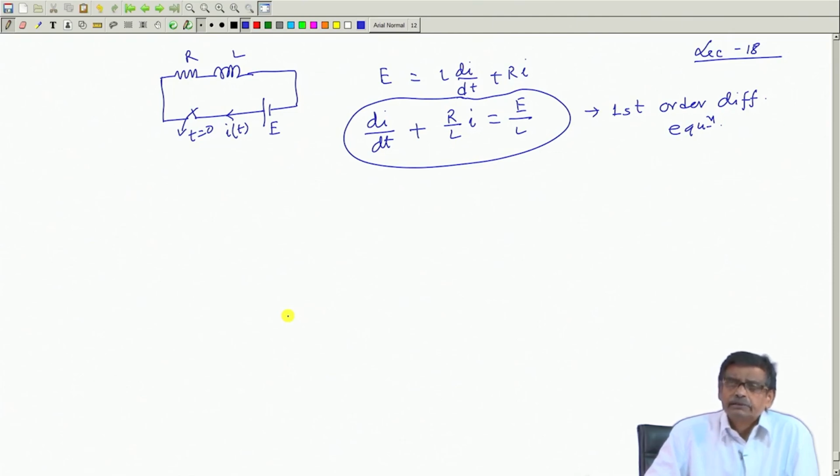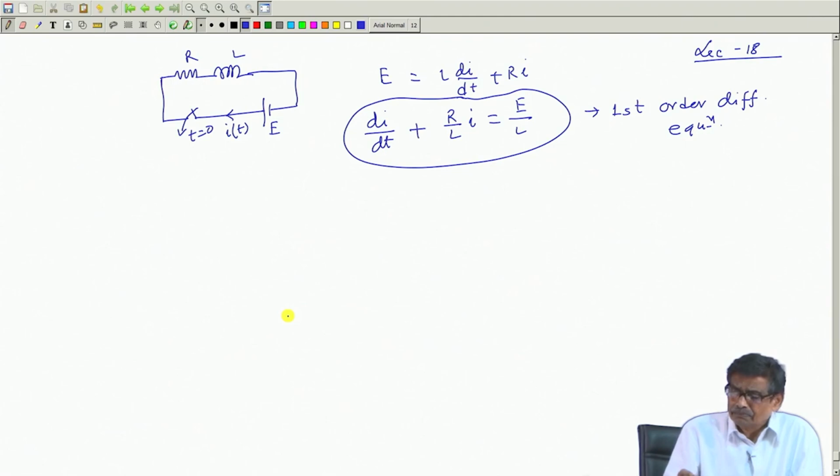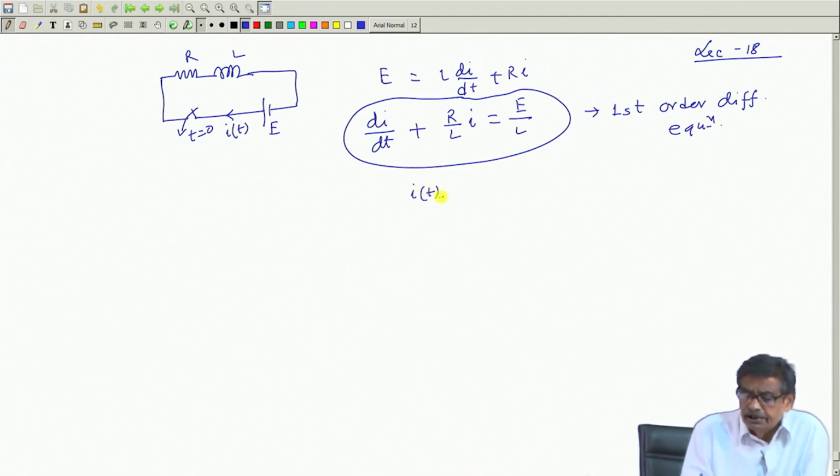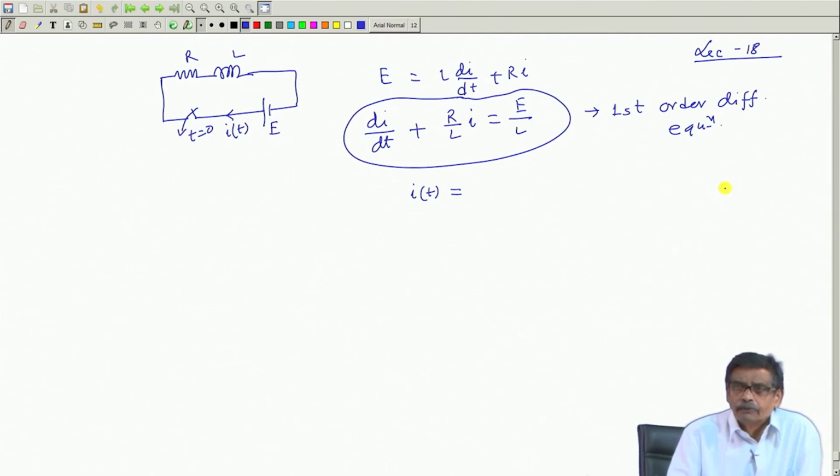The question is, can I avoid those steps of multiplying with the integrating factor and then get the solution? Is it possible to find out the solution i(t) just by inspection? I will have this differential equation, can I write the solution in one stroke without every time multiplying with the integrating factor and so on?